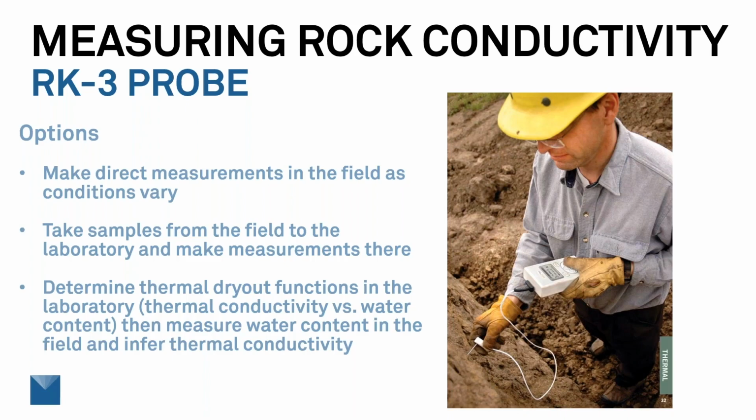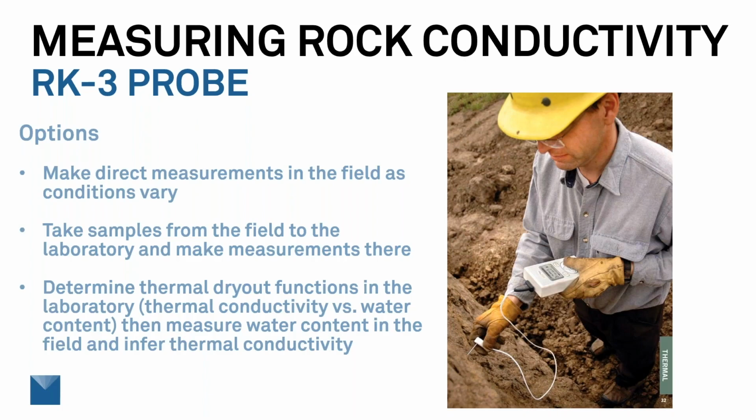Now, there are other options. One is to take samples from the field, take those to the laboratory and make the measurements in the laboratory. More typically, the samples are taken to the laboratory and repacked to the densities specified in the engineering design.